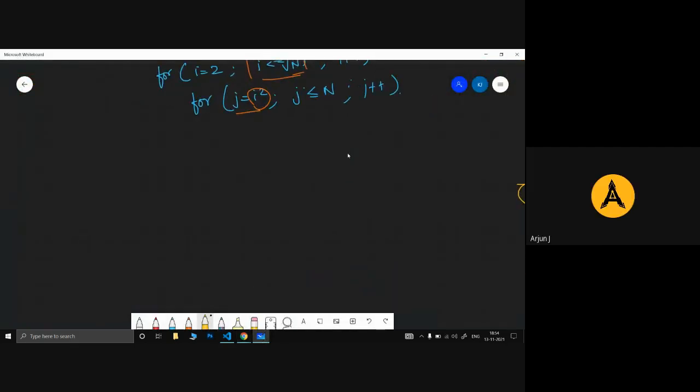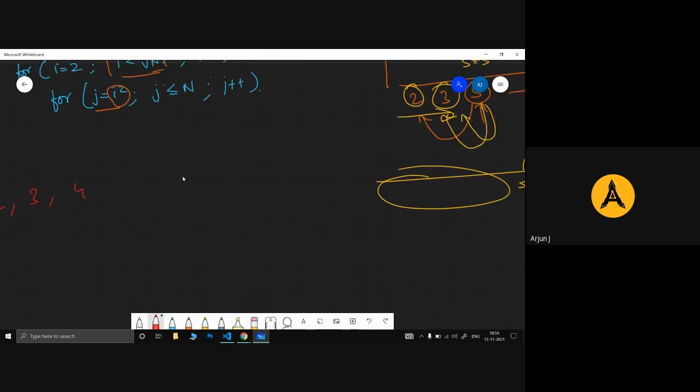At each step, what we are doing is taking some number, finding all the multiples of that number, and marking them as false. First we start from 2, then 3, then 4, and so on. So the first iteration would be something like n by 2 iterations. Then we will go up to n by 3 and n by 4 and so on, up to n by k.